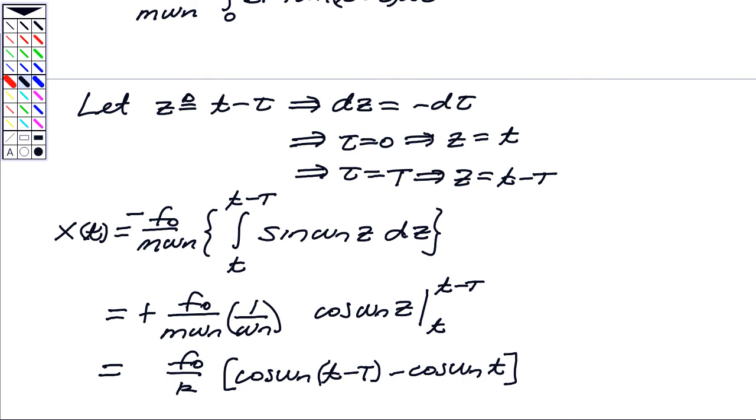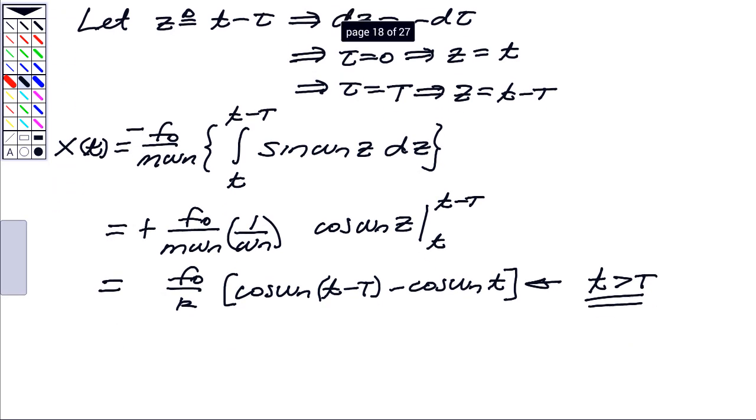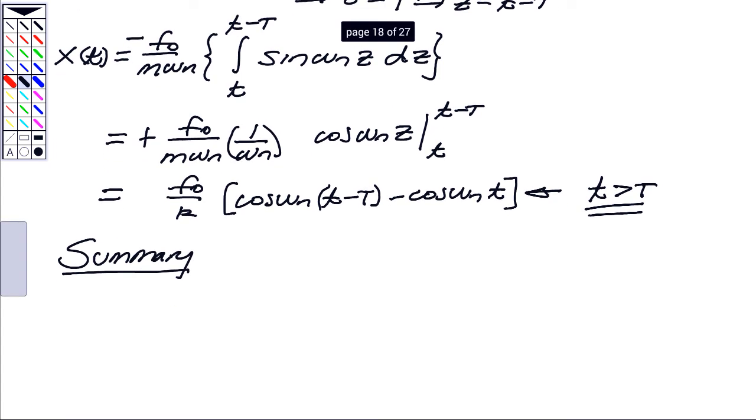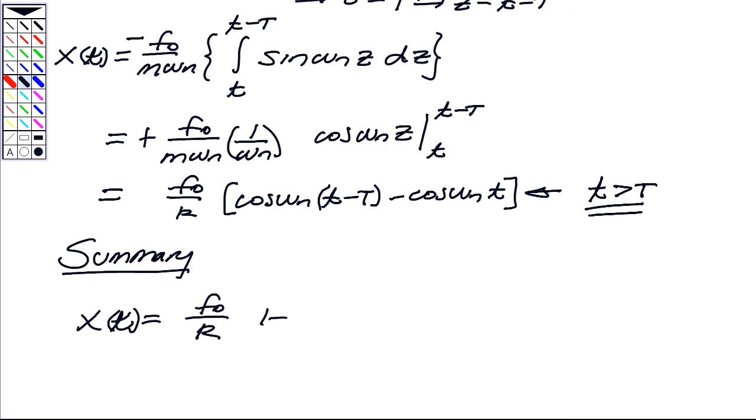So this is what's valid for times after the pulse is turned off, where the expression we had before was valid while the pulse was on. So in summary, x of t is equal to f naught over k, 1 minus cosine omega n t, and this is the time during which the pulse is turned on.